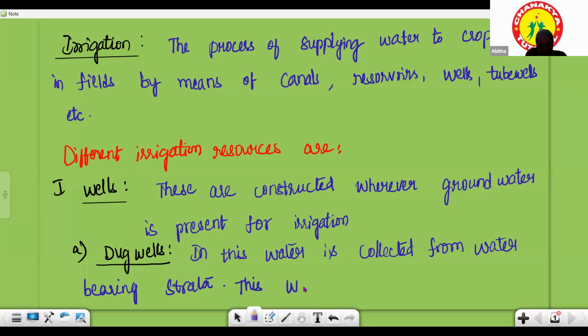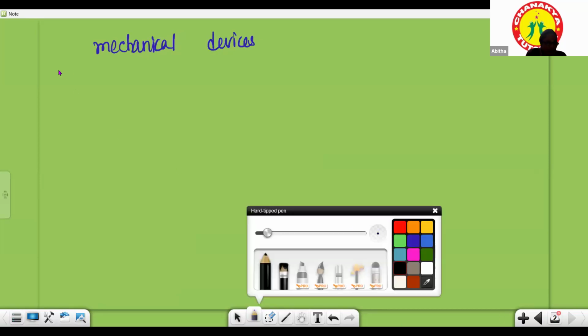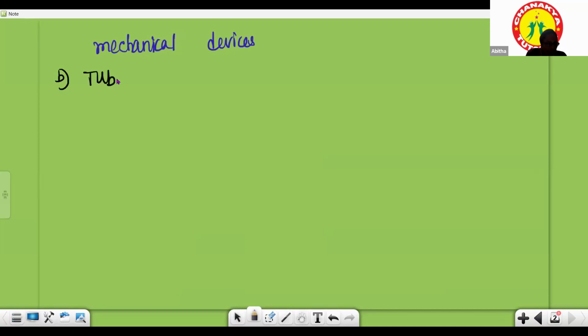This water is lifted by means of mechanical devices. So first one is dug well. Second one is tube well.